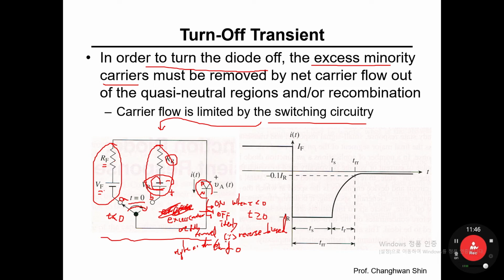This physical event should not happen in reality. Why? At least a certain amount of time is necessary for the excess carriers stored in the quasi-neutral region to be moving.